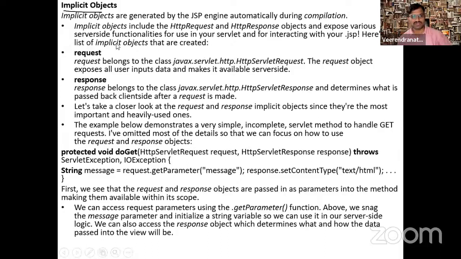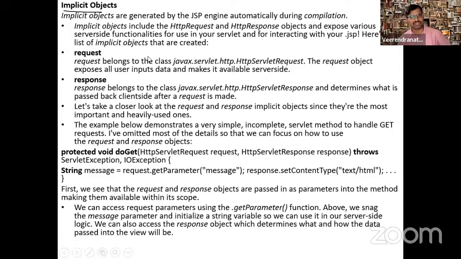Implicit objects are the objects generated by the JSP engine automatically during the compilation.